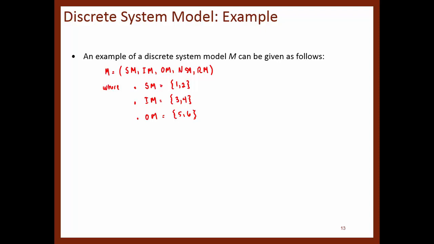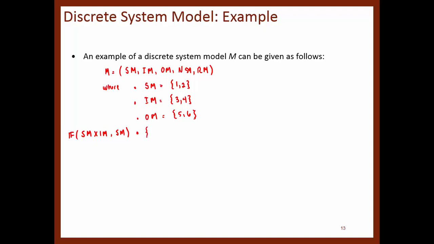And then we are going to have a function that is going to be used to define the state transitions. So that function is defined as NM, which is the cross product of the state set and the input set. And the function is going to generate an output, which is a change of state.